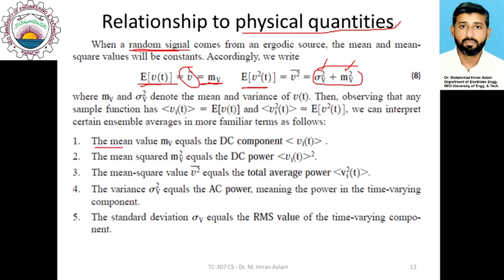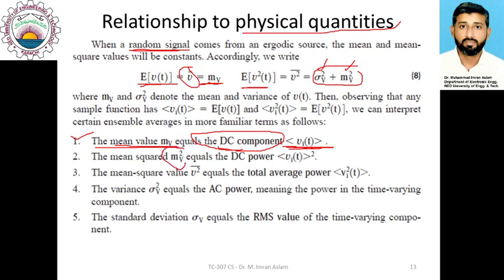If you look at this mean value, it represents the time average, which from a practical perspective is the DC component in the signal. We know that different signals have DC and AC components. So this signal has a DC component equal to the mean value of the signal. So mean value represents a DC component.